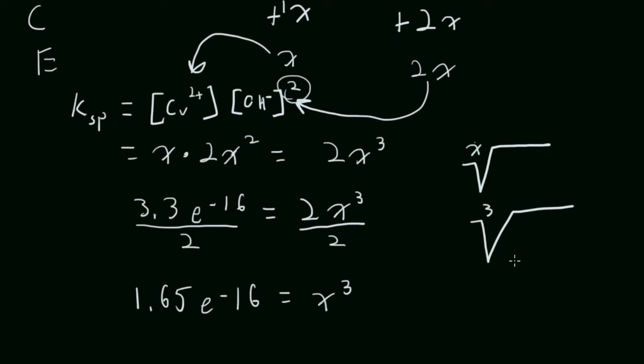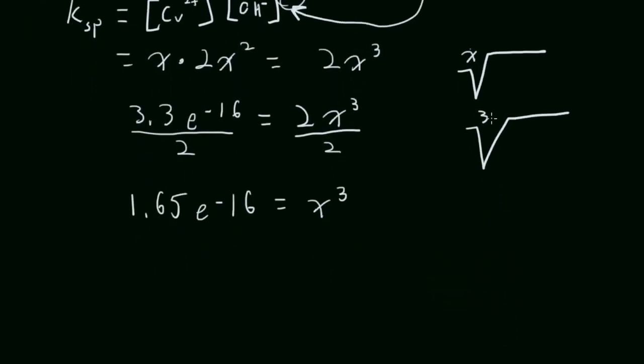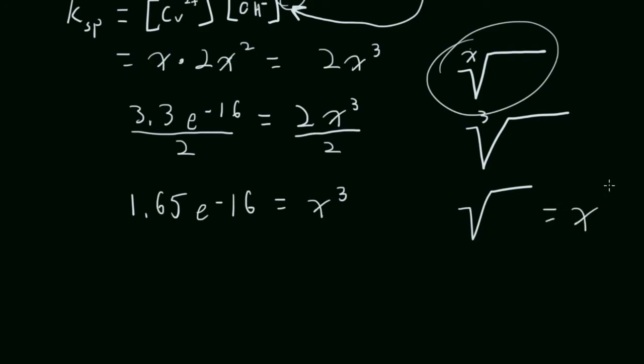But eventually, in solubility products, we might have to do a root that might be a 5 root. To do that, if your calculator does not have this simplified option, the easiest way is to recognize that a square root is the equivalent of taking x to the 1/2 power.